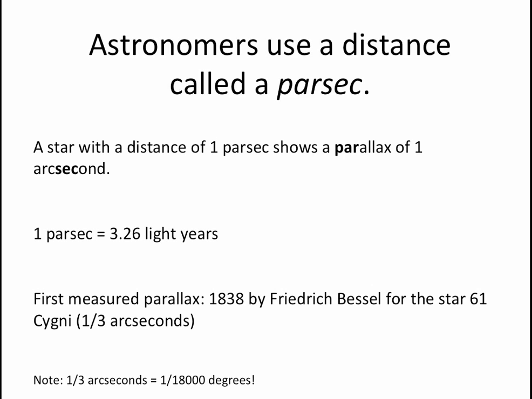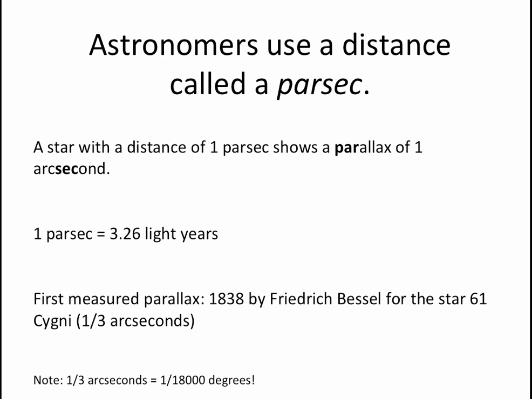And if we divide that 1 arc minute up into 60 smaller segments, each of those is 1 arc second. So if a star is a distance of 1 parsec away, it will show a parallax of 1 arc second. That's so small it's difficult to detect, but we can detect it with telescopes. And if we turn that into a more common unit of light years, 1 parsec is 3.26 light years.